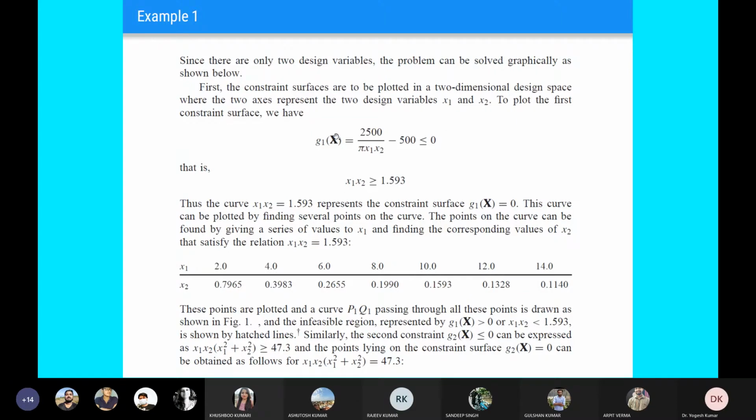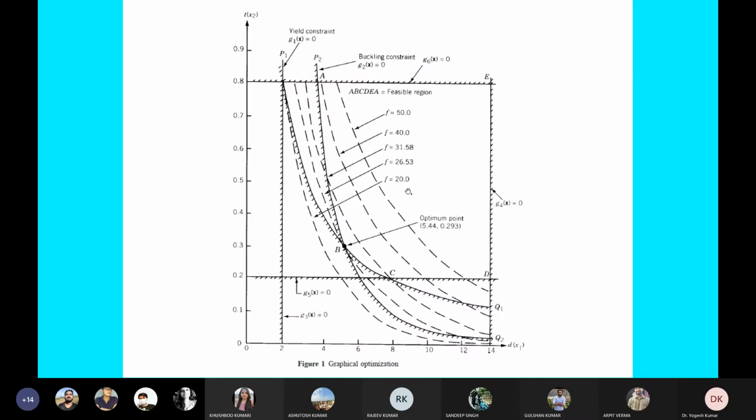So for constraint number 1, that is G1x, when we put it equal to 0, this comes x1 x2 equal to 1.593. There are various ways to draw these curves. You can draw it on a graph. Otherwise, you can also use Microsoft Excel.